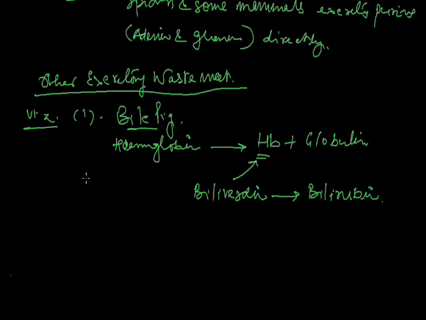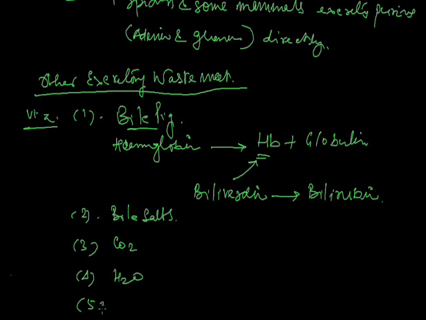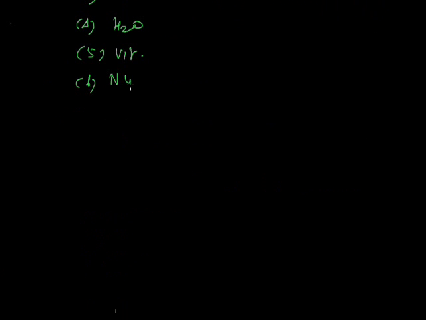The next excretory waste materials are carbon dioxide, bile salts, water, vitamins and nucleic acid. Nucleic acids are made up of purines and pyrimidines.